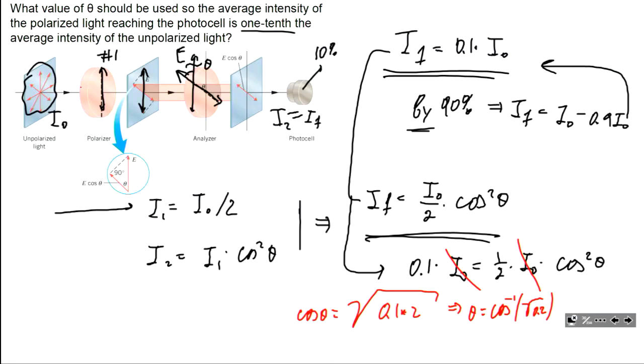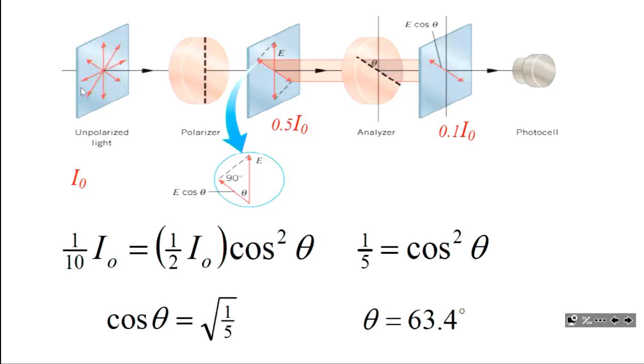Inverse cosine of the square root of 0.2. I've got 63 degrees. 63.4.